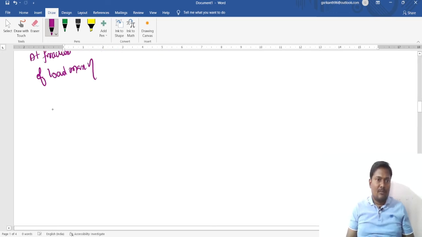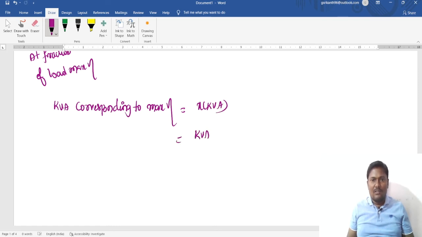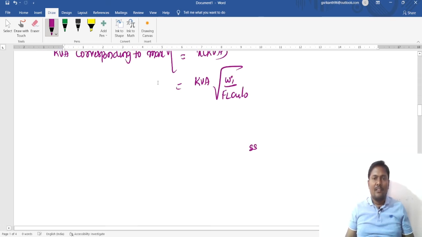The kVA corresponding to maximum efficiency is x times kVA, where x is equal to under root of iron losses by full load copper losses.